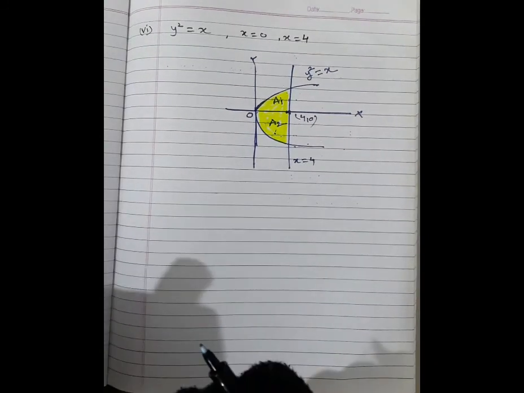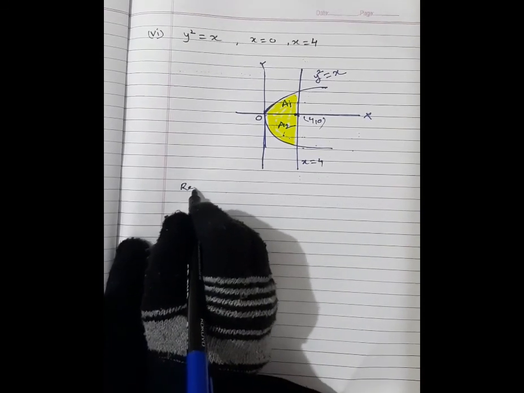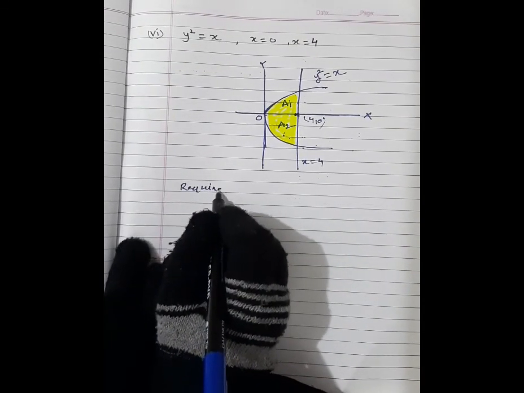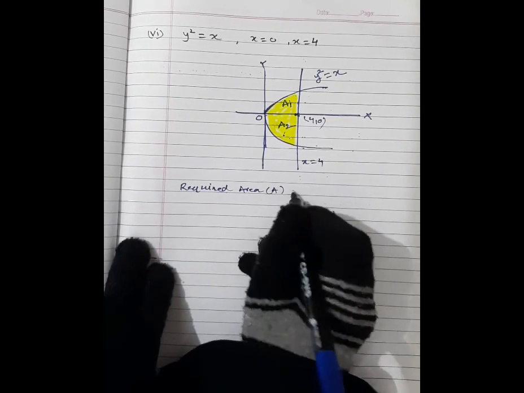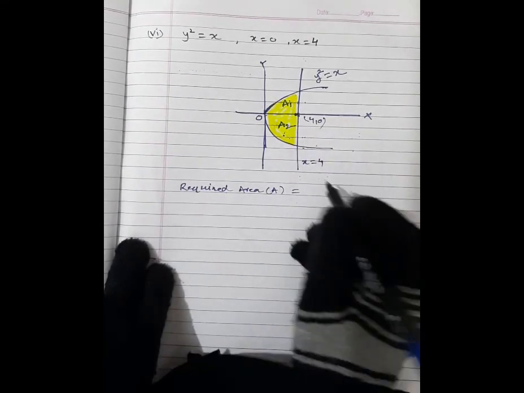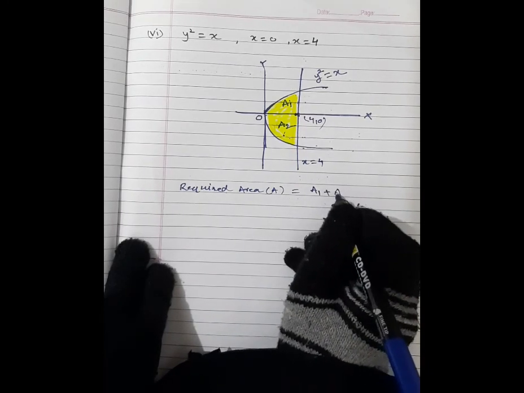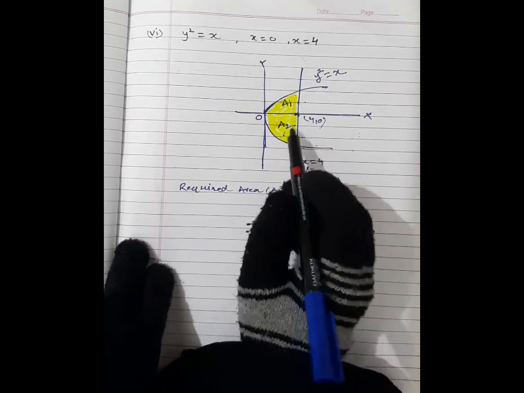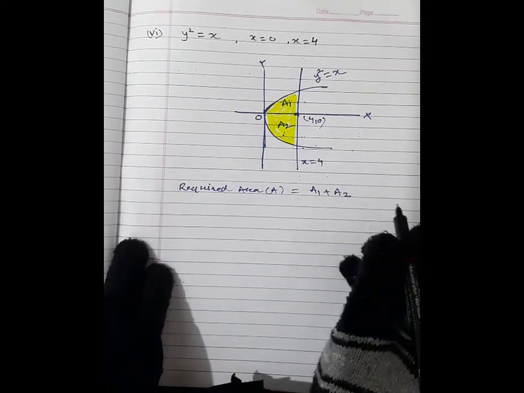So here we'll write the required area. A is nothing but A1 plus A2. A1 plus A2, and students, these two parts are the same. So we'll write A1 instead of A2.